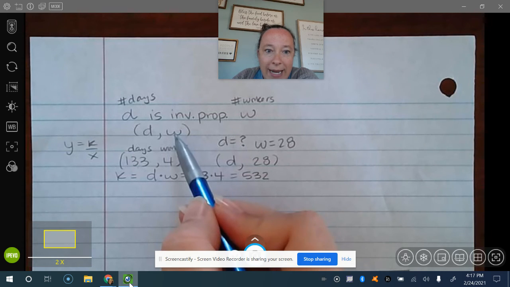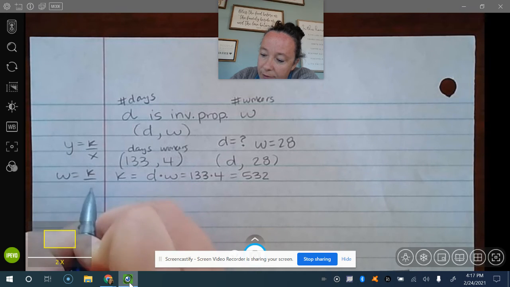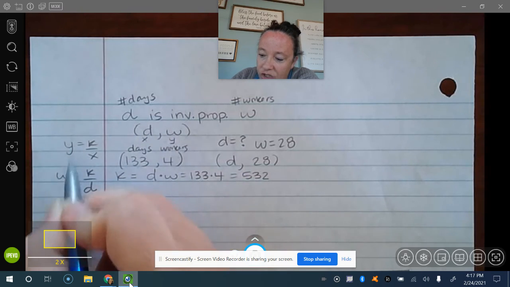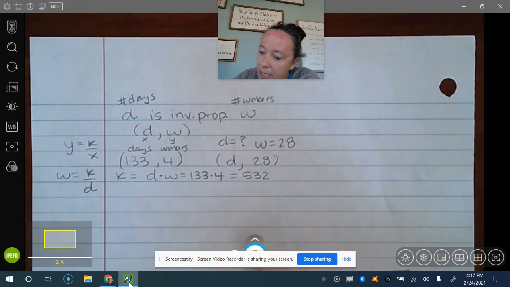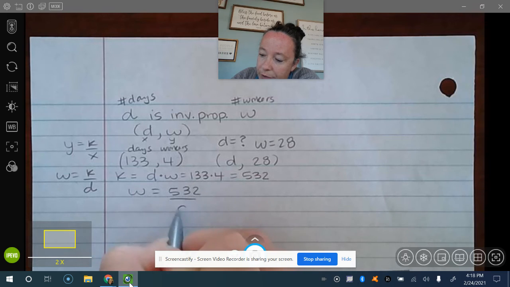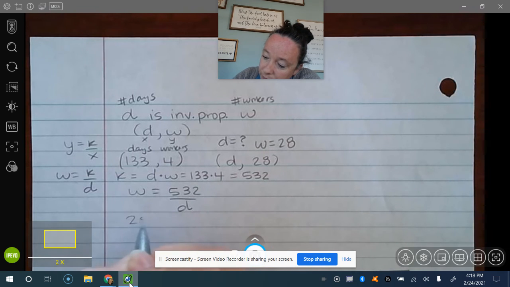My Y is W. So W equals K over D. So whatever is in the X and Y spot, I'm just interchanging the variables. So W is going to equal 532 over D. That's my equation. Now, I need D when W is 28.